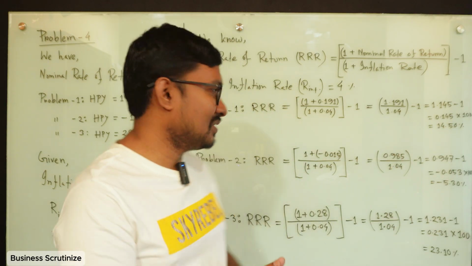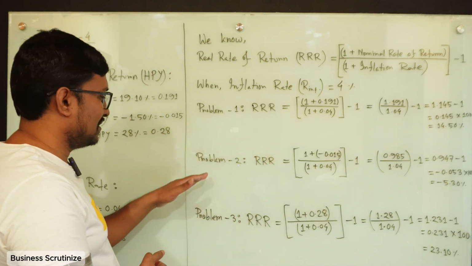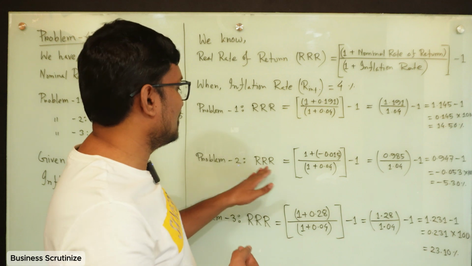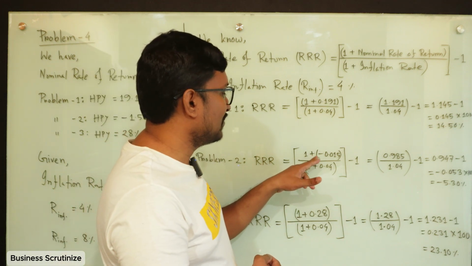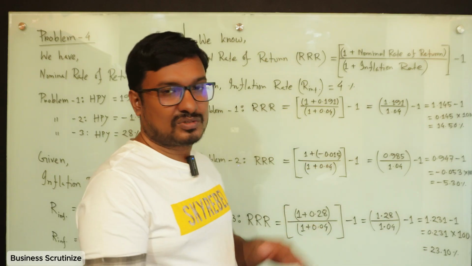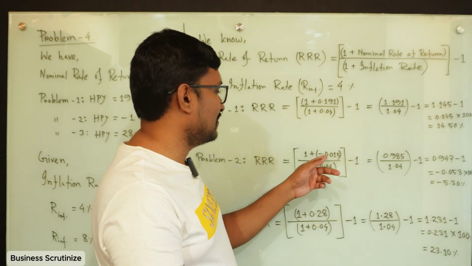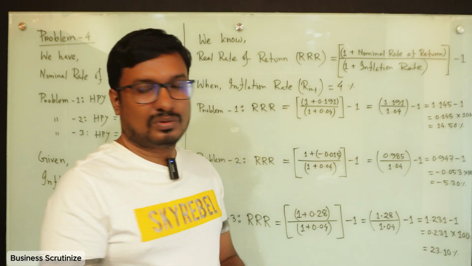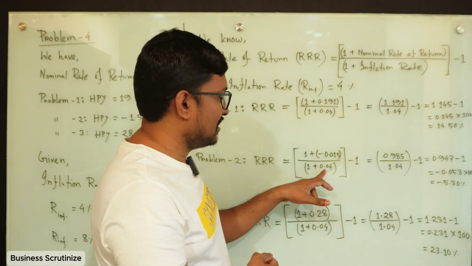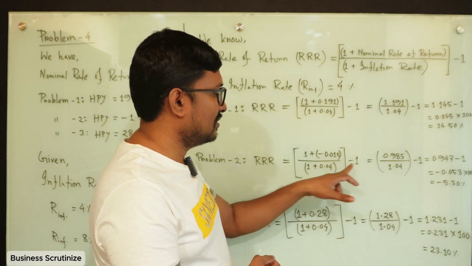In this way we compute the others, following problems number 2 and 3. In problem number 2, the real rate of return uses 1 plus the HPY, or nominal rate of return, which is minus 1.5%, or numerically minus 0.015, and again the inflation rate: 1 plus 0.04, minus 1.